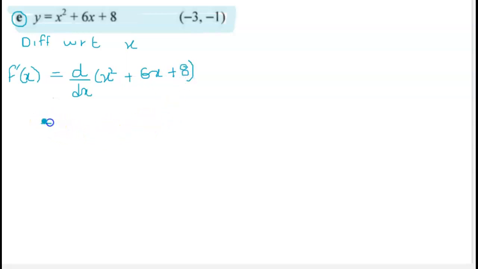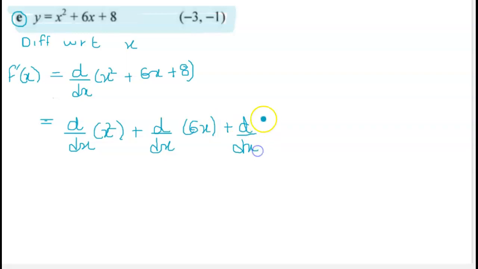Then you're going to do them separately: d over dx of x squared, plus d over dx of 6x, plus d over dx of 8.